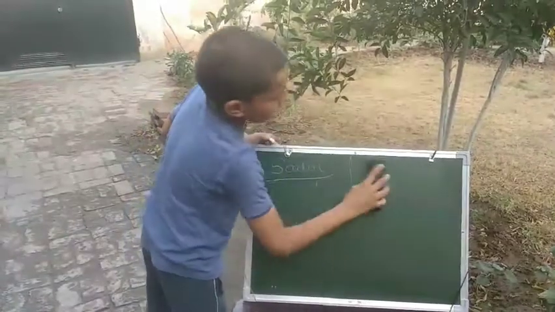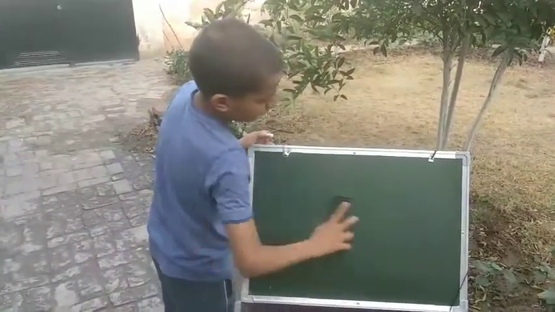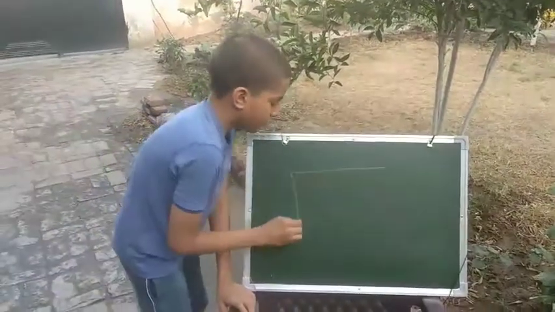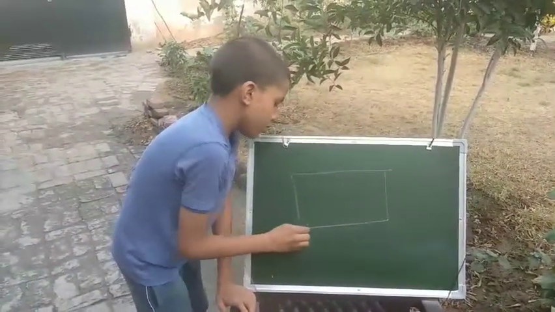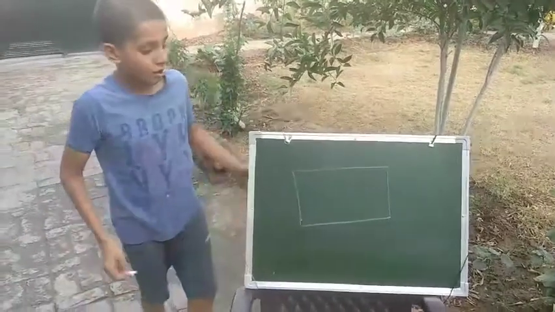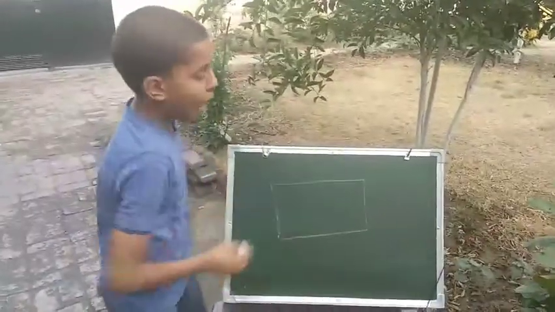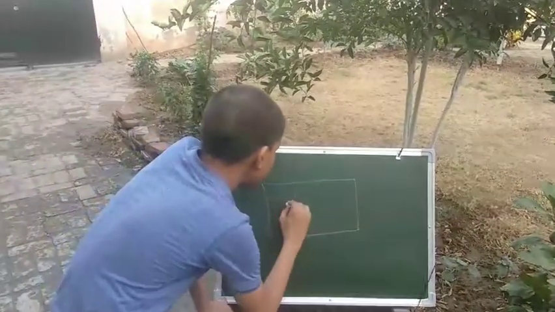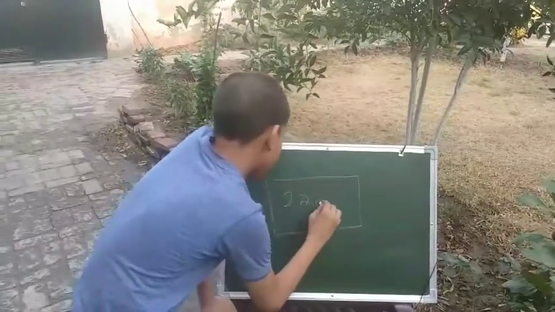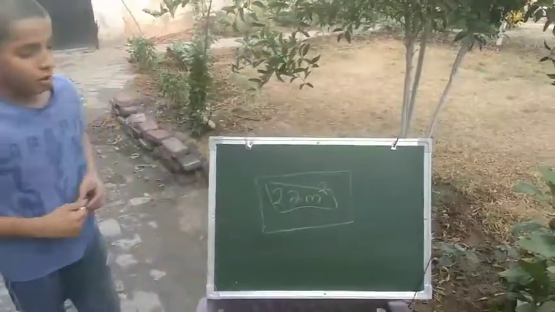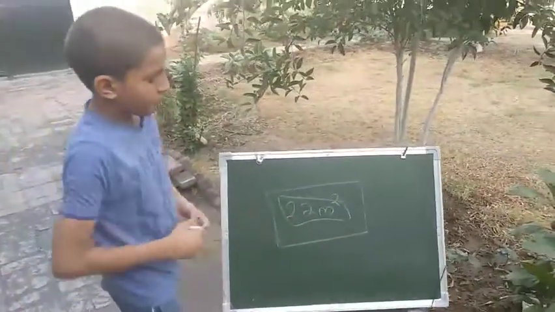A peculiarity of the scalar quantity: for example, this is a rectangle. We say this is a park. I have bought this park, and its area is 22 meters square.